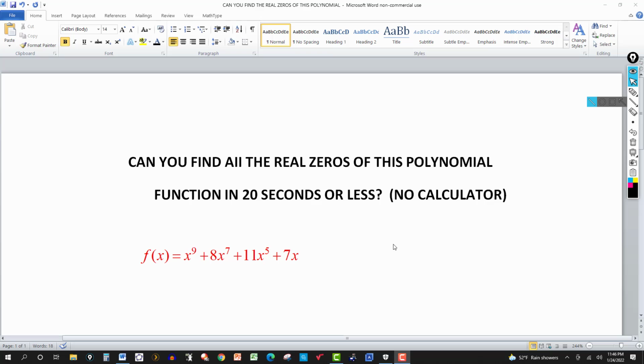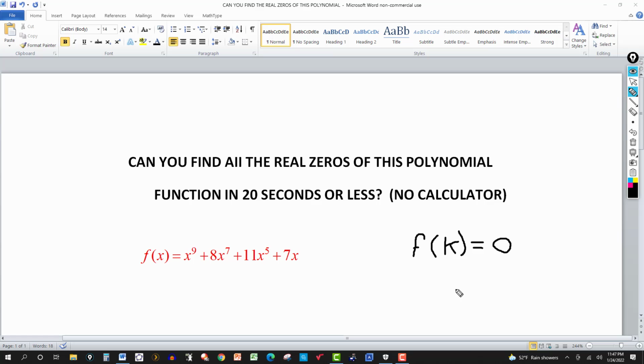I'm sure you know what a zero is, but just in case you don't, I'll go through that. So here we go. For any polynomial function, if I evaluate that function at some number k, and I get 0, then we say that k is a zero of that polynomial.